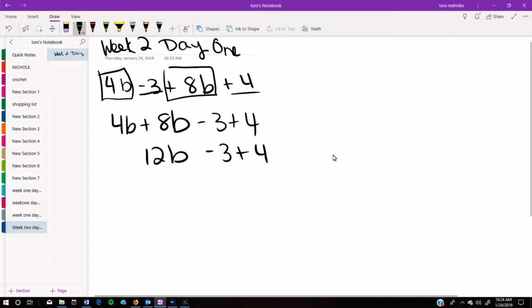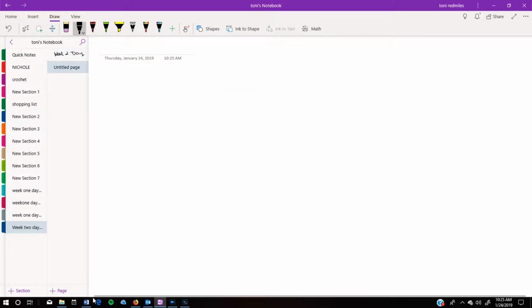The b is not like with anything else, so we're going to do our negative 3 plus 4, which is a positive 1. So it's 12b plus 1. Okay, let's go on to the next question.